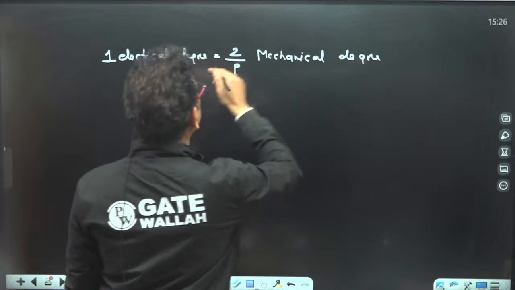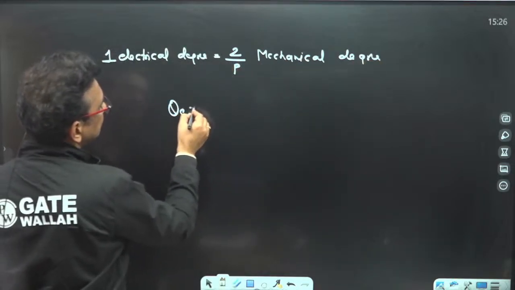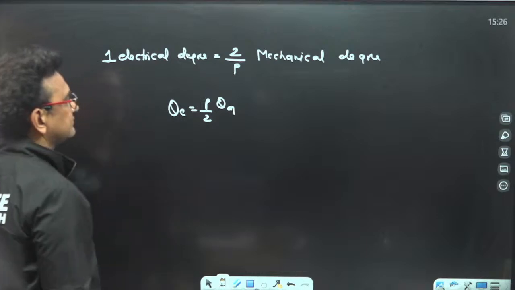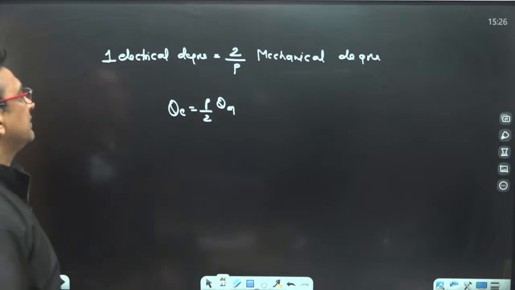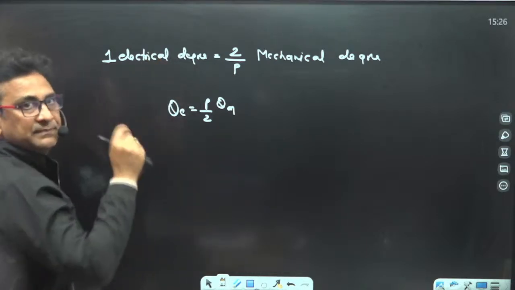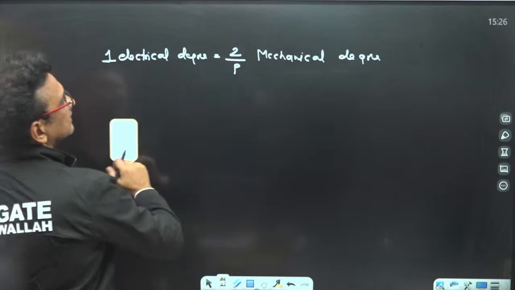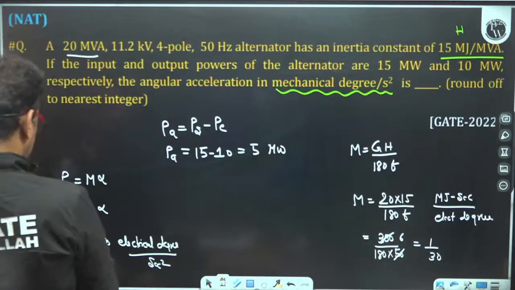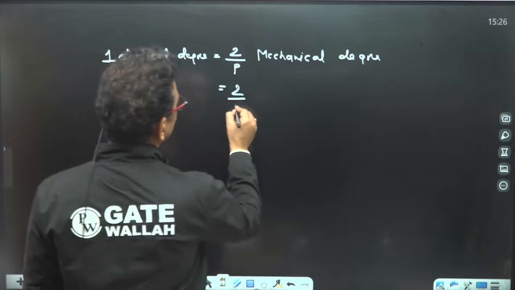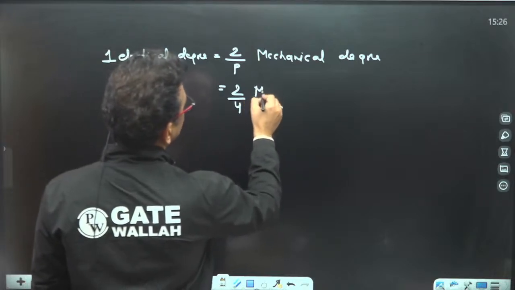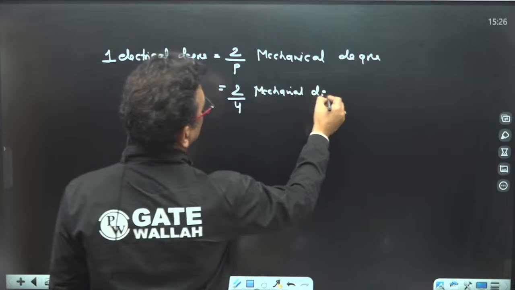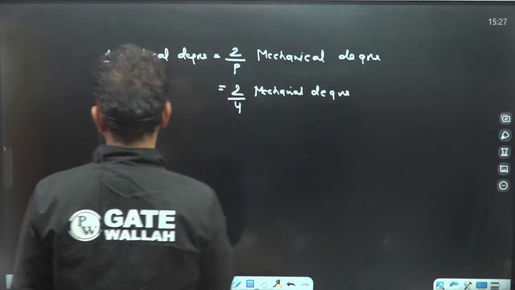Theta electrical is P upon 2 times theta mechanical, but here I'm talking about 1 degree, so it is 2 upon P. How much P? 4. 2 upon 4, that is 1 upon 2.